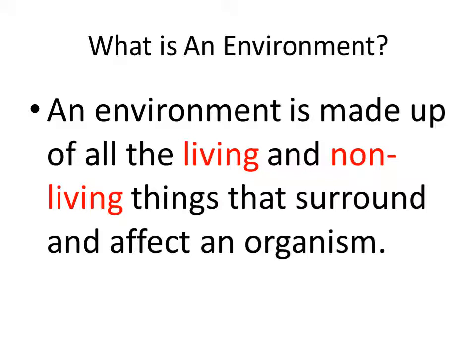The living things are plants, animals, people, let's say. We have some organisms that we cannot see, like the bacteria, and we also have the protists, like the algae, and we also have the fungi, like mushroom and yeast.